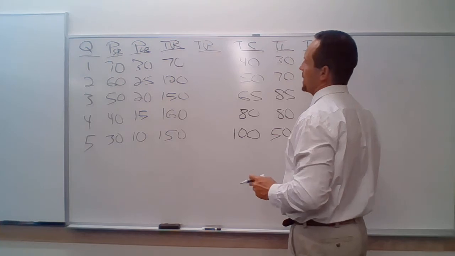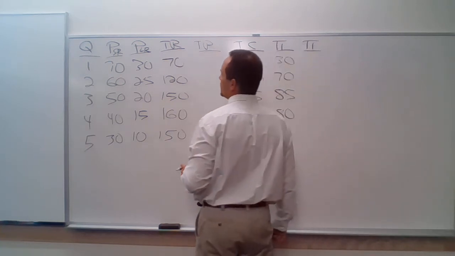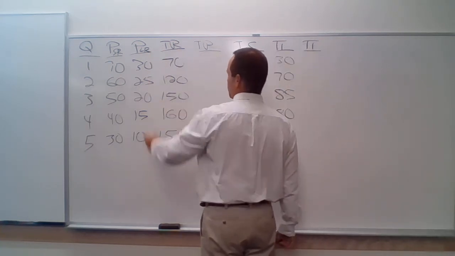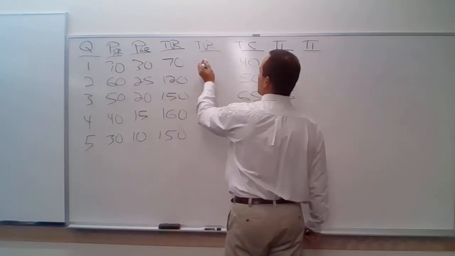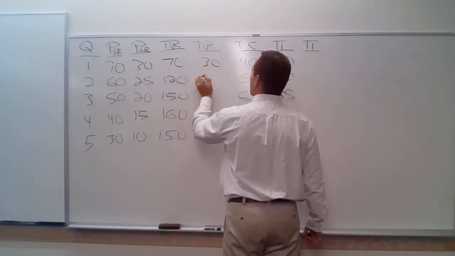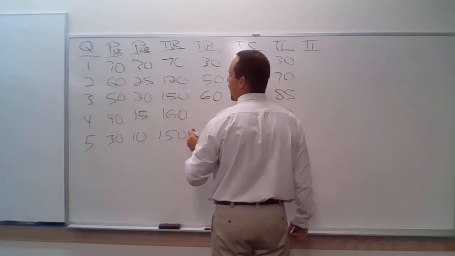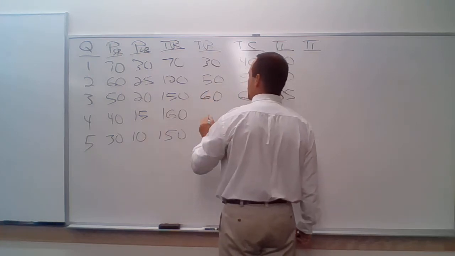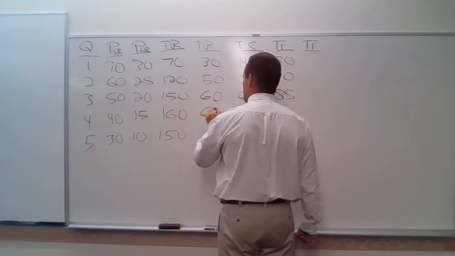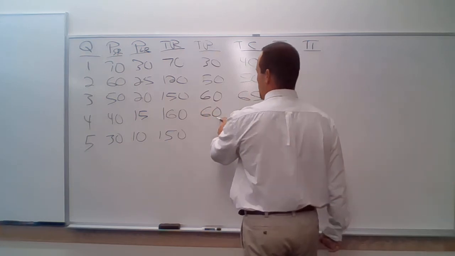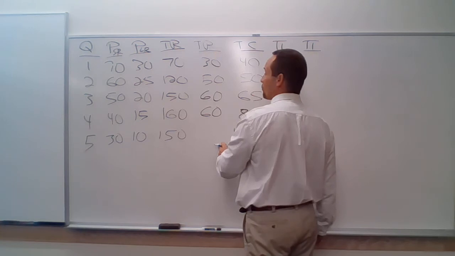Then what happens? Competitors offer the same and price collapses. So we can sell 1 unit for 30, 2 for 50, 3 for 60, 4 for 60. So we've already crossed into the inelastic range of the demand curve.